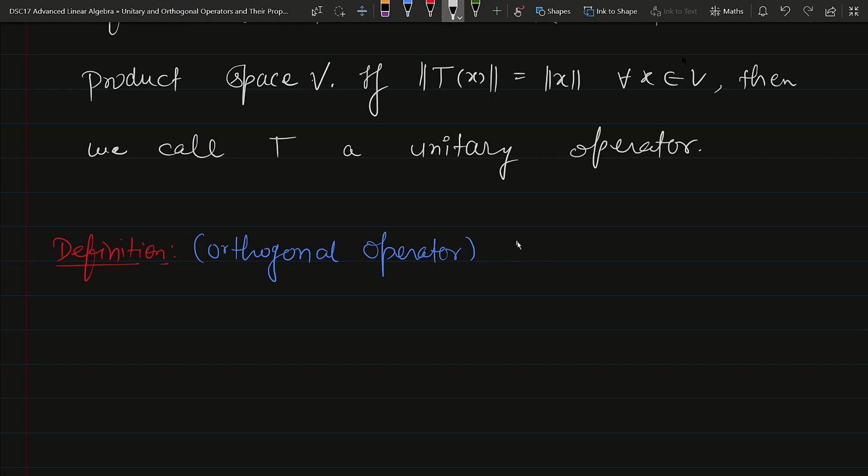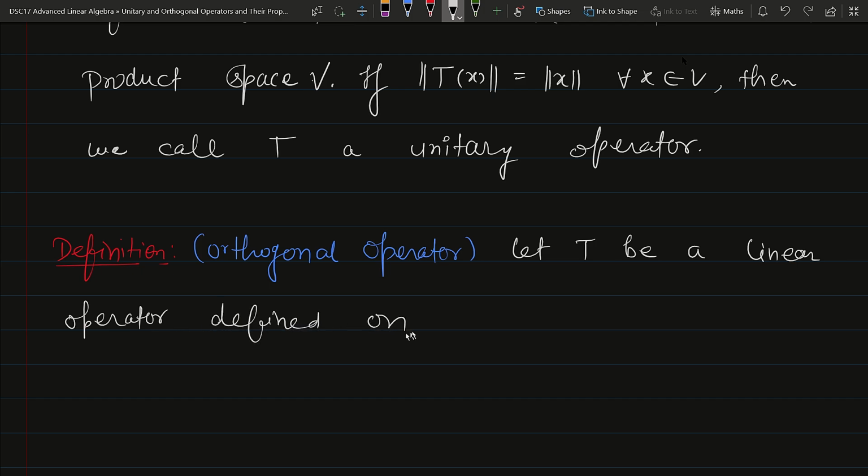So let T be a linear operator defined on a finite dimensional real inner product space.